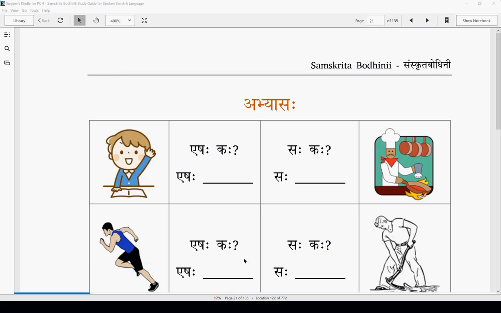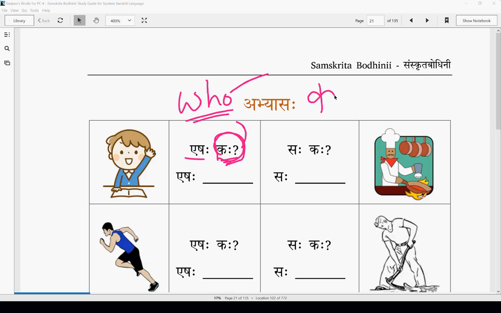Kaha means what? Who. Note that here also we are using the masculine form of this question. Kaha is who. That who could be masculine, Pullinga, or Strilinga, or Napunsakalinga. Just like Eshaha is a Pullinga word, we also want to use Kaha in the Pullinga format.